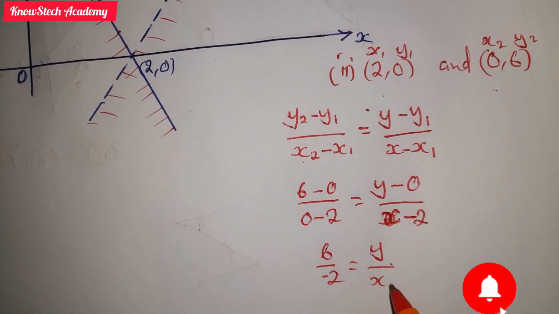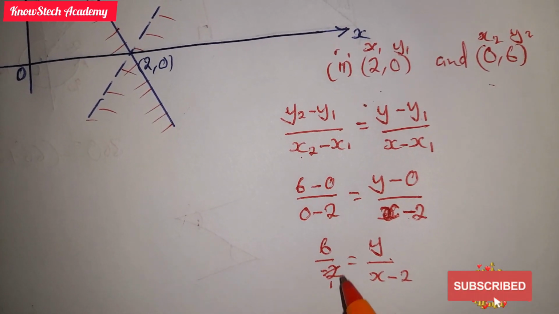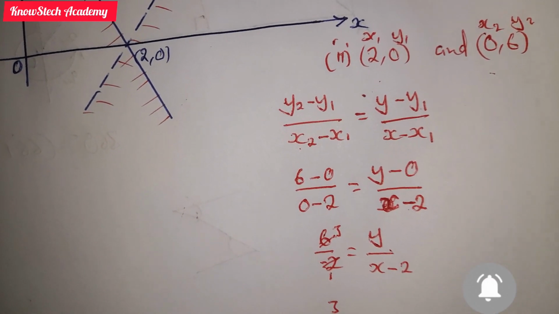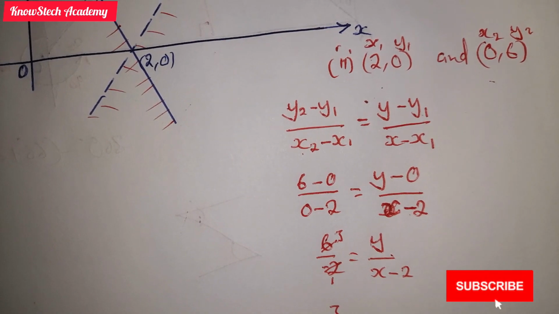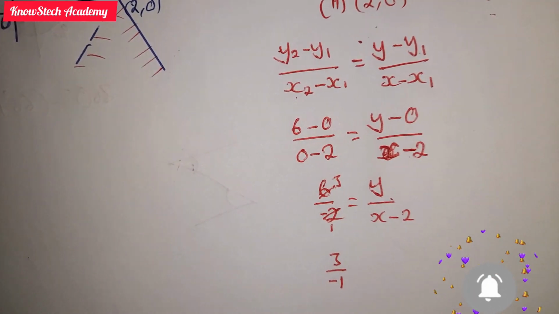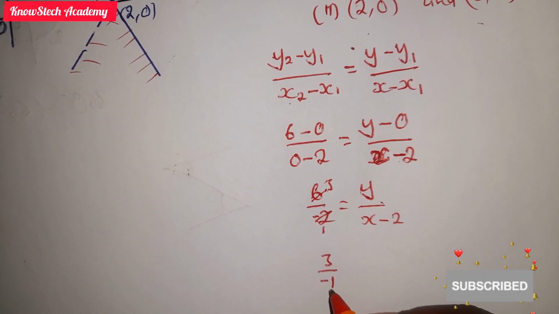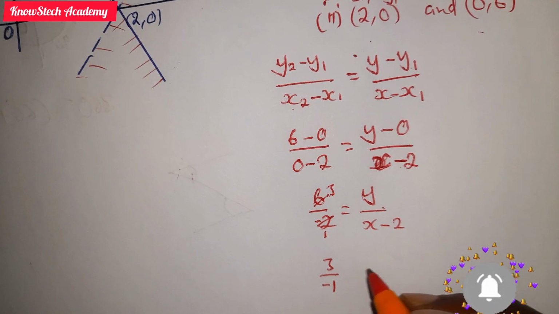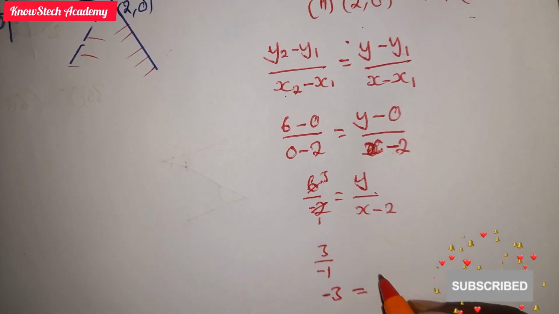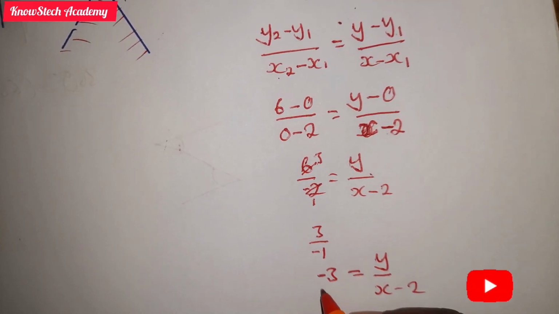This will be just x minus 2. Remember, 2 goes into 6 three times, so we have 3 over negative 1, or negative 3. Negative 3 is equal to y over x minus 2.